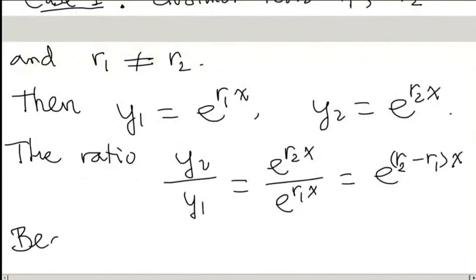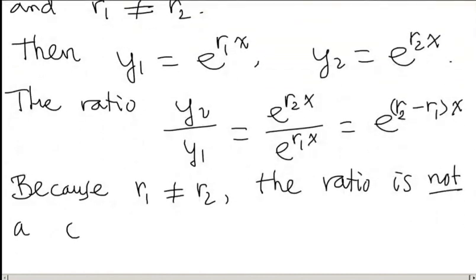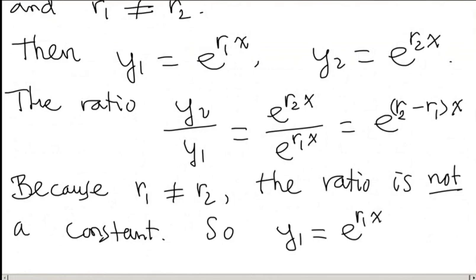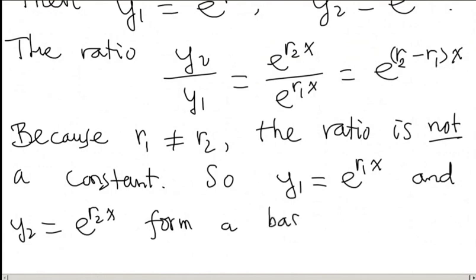And because r1 and r2 are different, the ratio is not a constant. So y1 equals e to the r1x, and y2, which is e to the r2x, form a basis for the space of solutions.